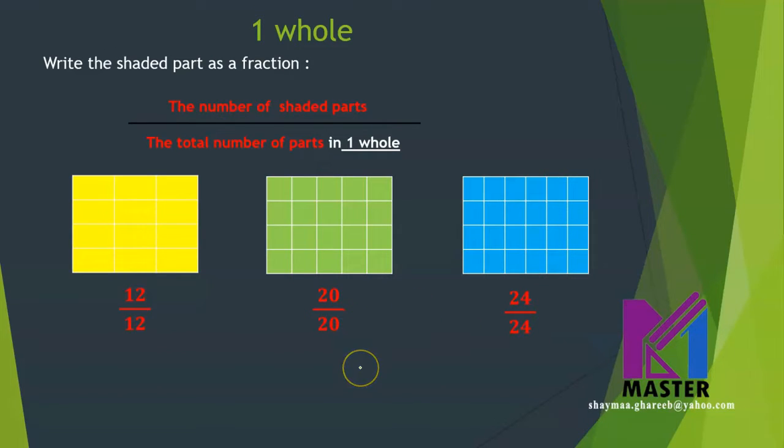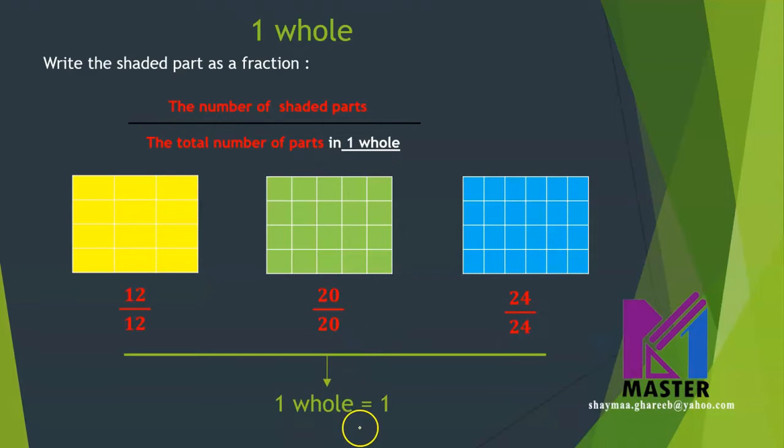So what do you think? If I look at any of these shapes, I will find that the whole shape is shaded, which means it's only one shape. And here it's only one shape. And here it's only one shape. So all of these fractions equal one whole, which is the number one.